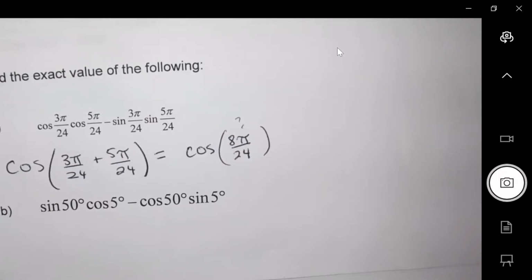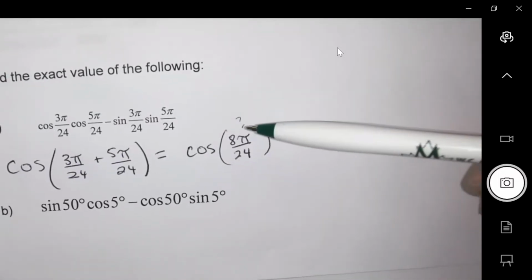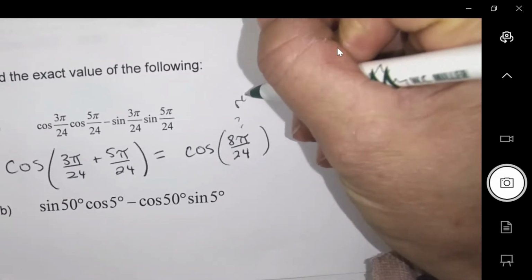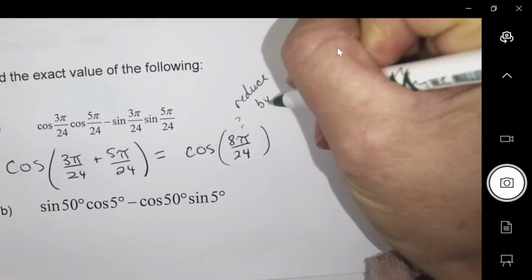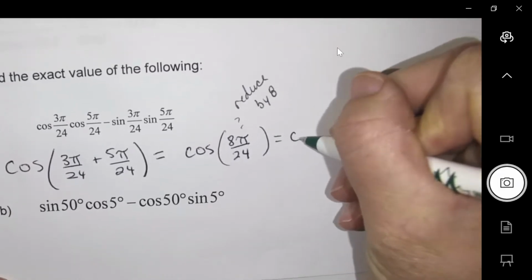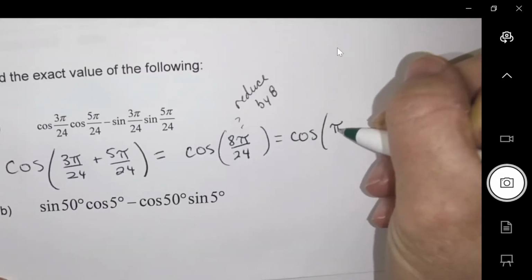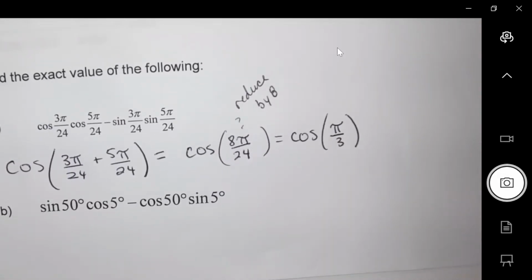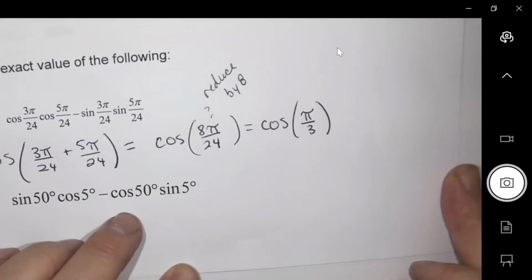It's not a unit circle number. What can I do with that fraction though? It's just math, basic math. What is there to do with that fraction? Reduce by 8. Oh, that looks better. Now I recognize something.